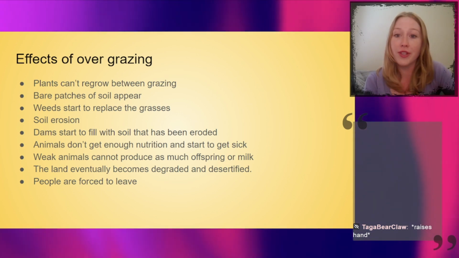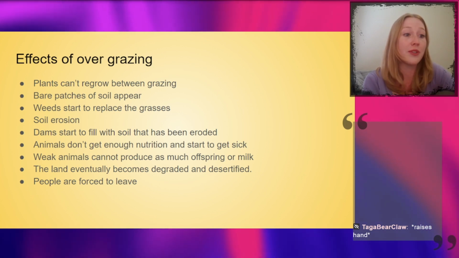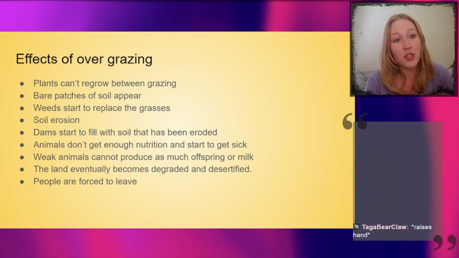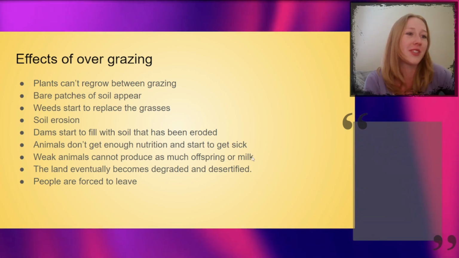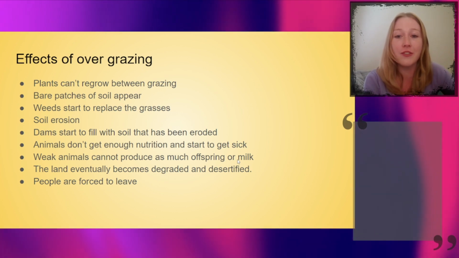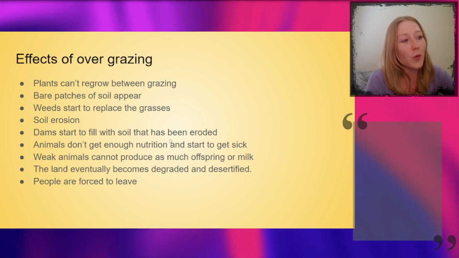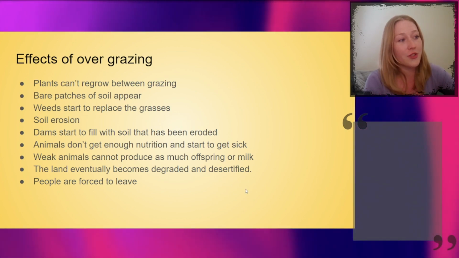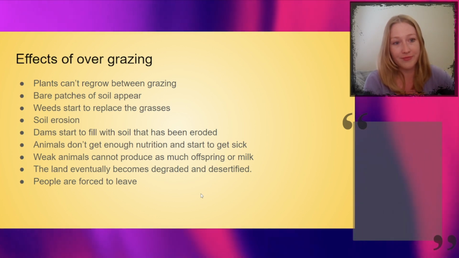The animals don't get enough nutrition, the animals can get sick, they might not be as productive anymore, and eventually the farm becomes so unproductive that they end up needing to leave it. We will look a bit at desertification, but I don't think we're going to have time to do that today.